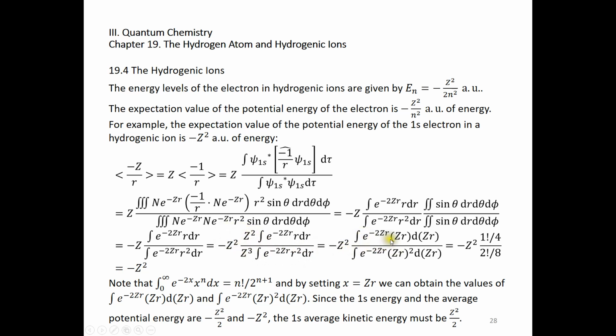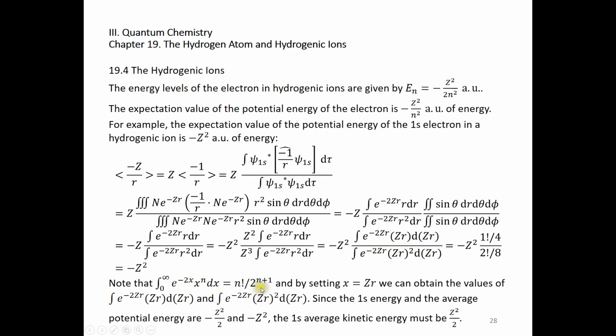Now on top and on the bottom we have two integrals with respect to Zr, and we can then use variable substitution. For example, we can set x to be Zr, and then we have the integral of e to the power of negative 2x times x dx. On the bottom we have the integral of e to the power of negative 2x times x squared dx.